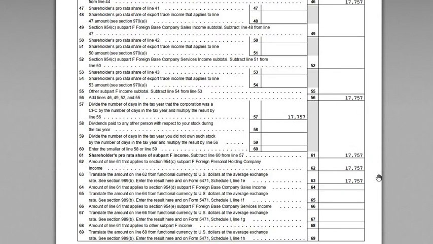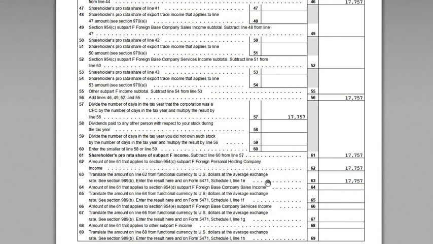And so completing the rest of the line items here is appropriate. His pro rata allocation of the subpart F income is going to be, again, that 17,757. And then if a currency translation adjustment is required, you would translate using the average exchange rate. In our case, remember, US dollars is our functional currency, so no need for any translation adjustments. Once all those line items are completed, you can see on line 63, it asks us to enter the result on Form 5471 Schedule I, line 1E.